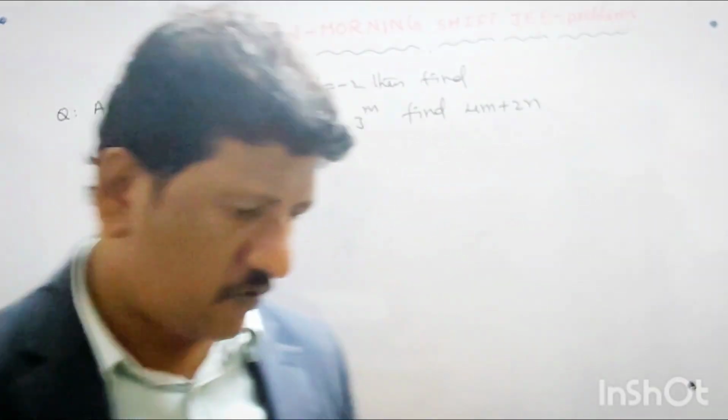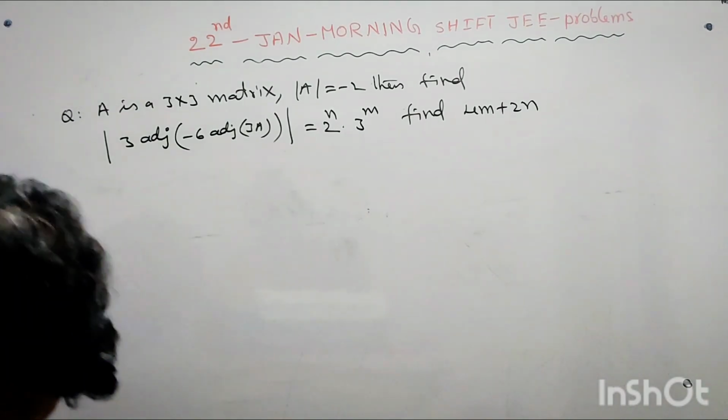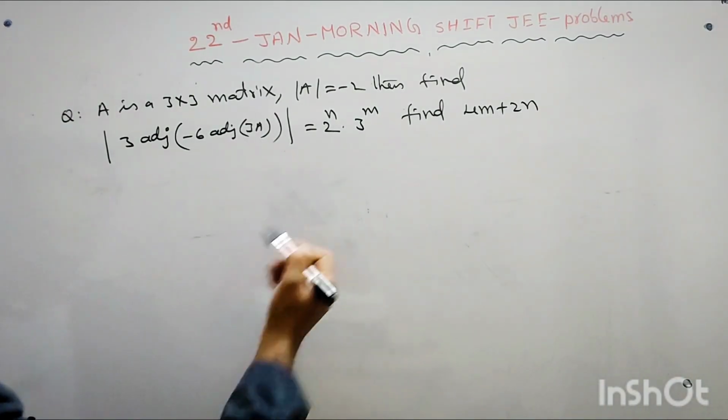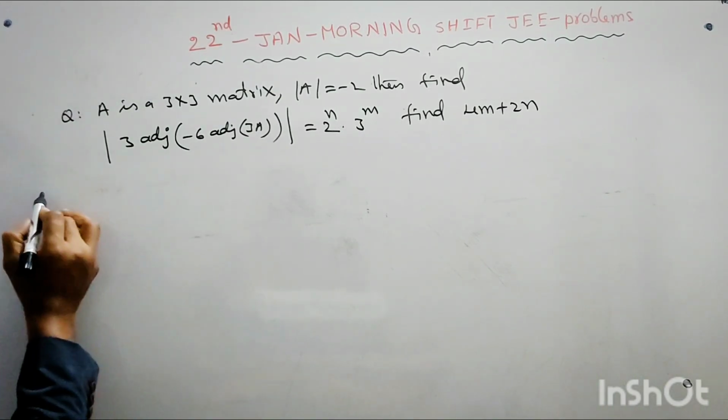Now students, one more question from matrices. In matrices, adjoint and inverse, 99% one problem comes every year in the JEE Mains exam. Before discussing this problem, we need to remember two formulas.